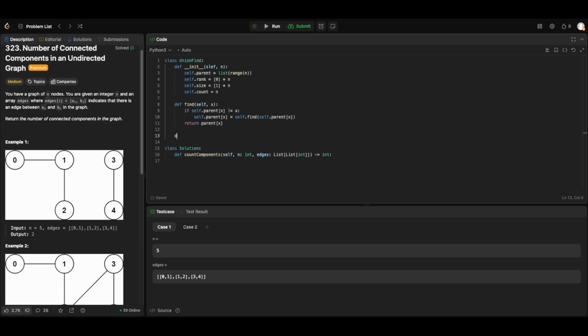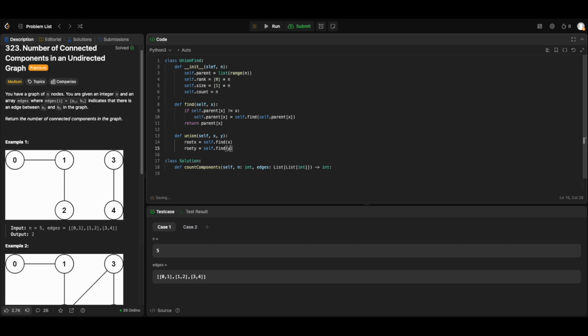Okay, and another function here, union, with self, x and y. The root of x is find x, and the root of y is find y.